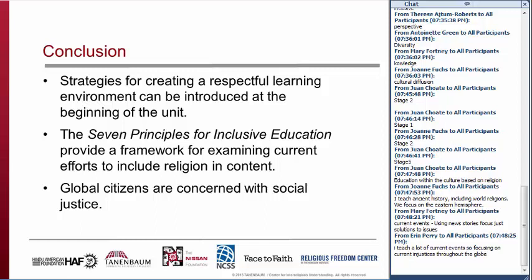And then finally, global citizens are concerned with social justice. And so, in trying to use global citizenship or globalism as a lens for including religion, one of the places that you might look at accessing that information is from the idea of promoting social justice and what's fair for everyone versus what's just fair for me.